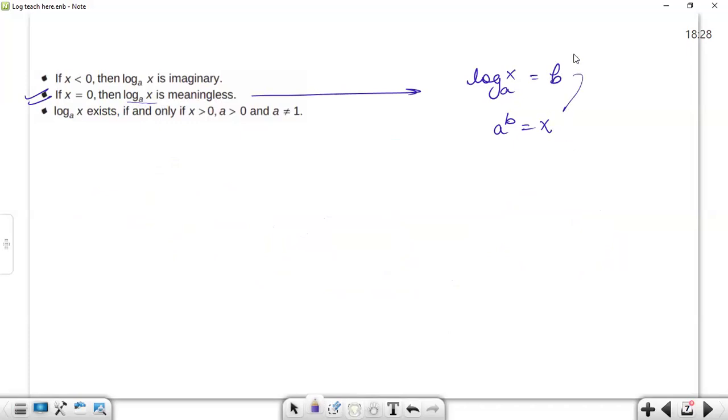Now you have to tell me, for any base, let's write it as a only, for any power of a, will it ever become 0?